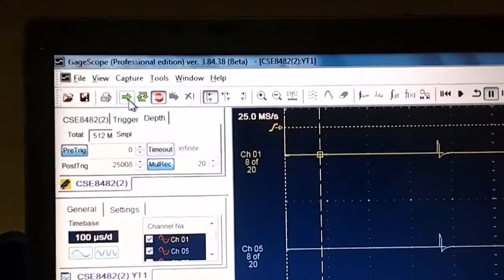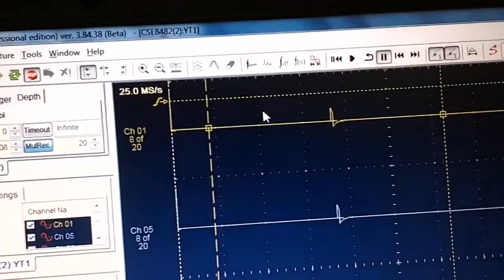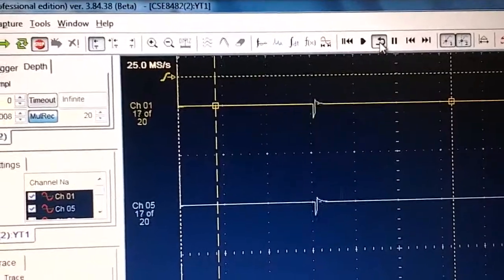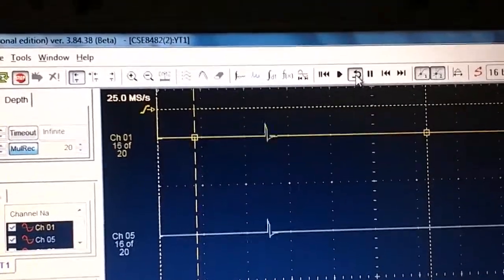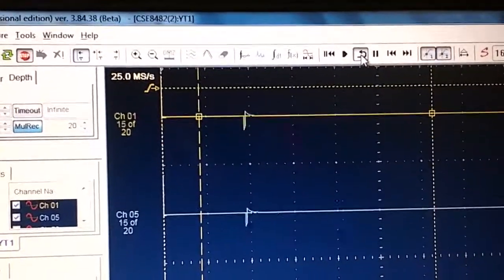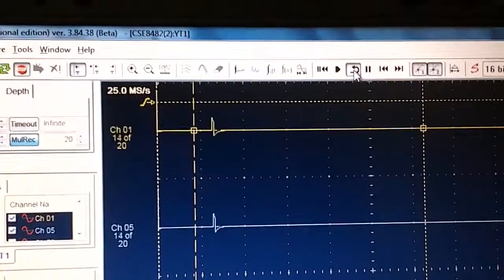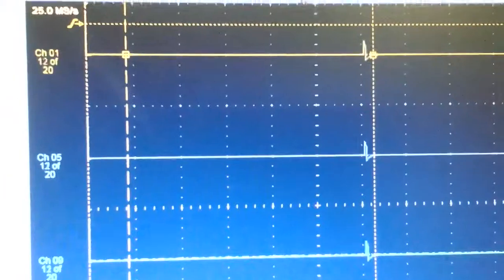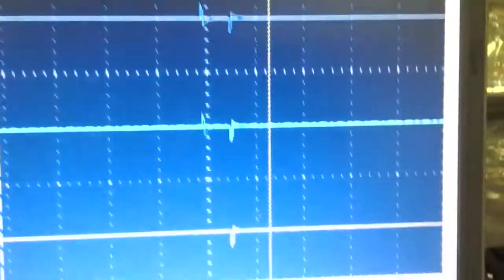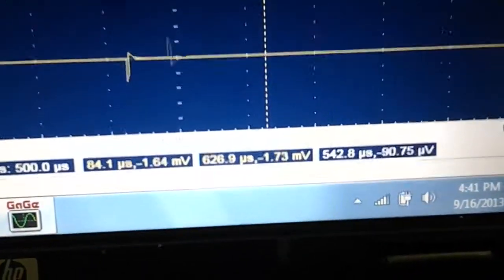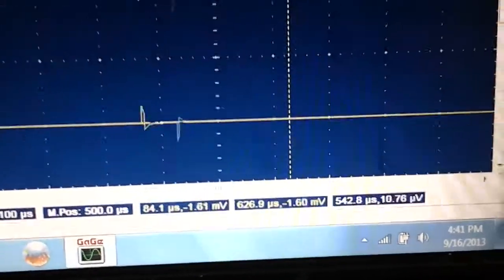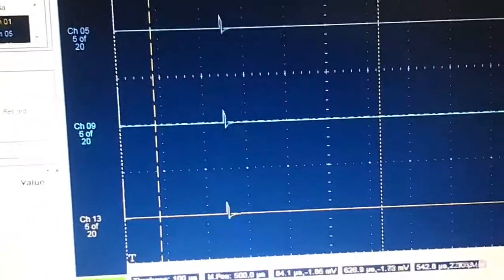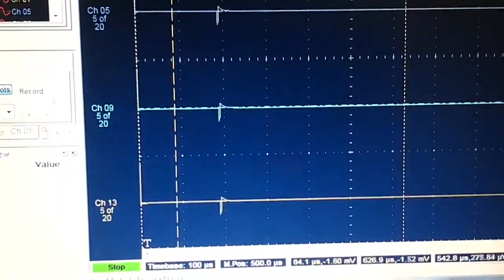So I press go, and now, using these VCR buttons, I can actually play through the waveforms like a VCR. And we can see indeed that the waveforms are flipping polarity every time, and the extent over which they're running is, as before, that same 540 microseconds, which corresponds to the same 9 intervals of 60 microseconds.